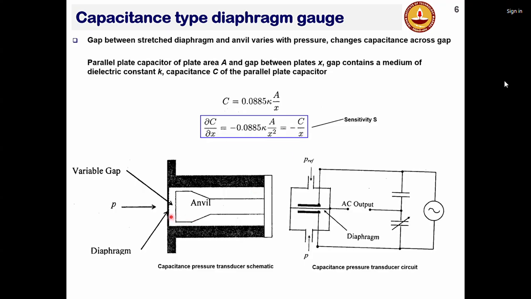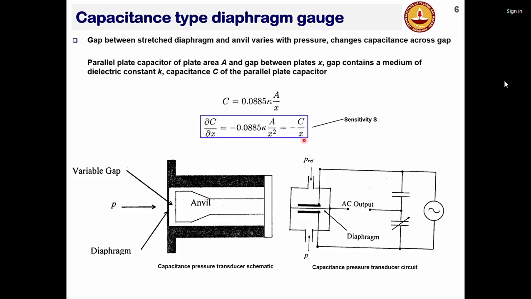That means if you have initially designed a capacitance type pressure gauge, you know the capacitance because you know the dielectric constant of the medium, the area of the plate, and the gap between the plates. Then you know the sensitivity. That means for a given change in the distance, how much will be the change in the capacitance. So typically one can do this manually.